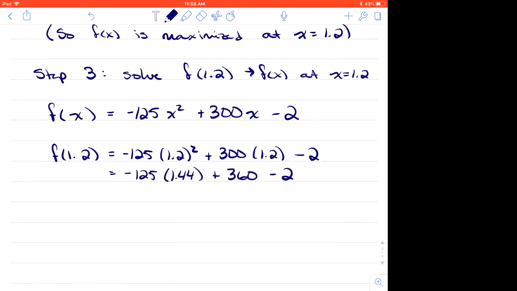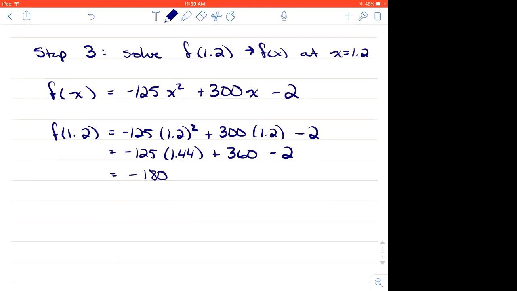Doing more than one thing at each step, but that's okay. Kind of used to it now. And then negative 125 times 1.44 minus 180 is what I have. Minus 180 plus 360 minus 2. Yeah, 178.